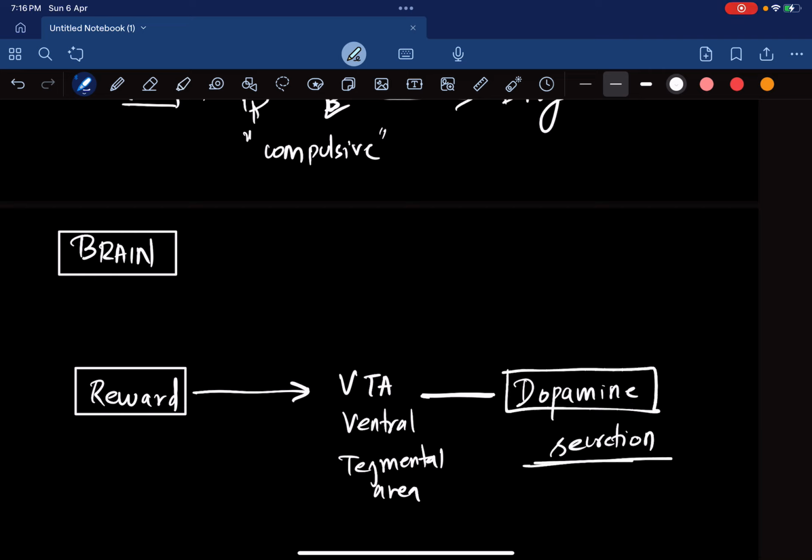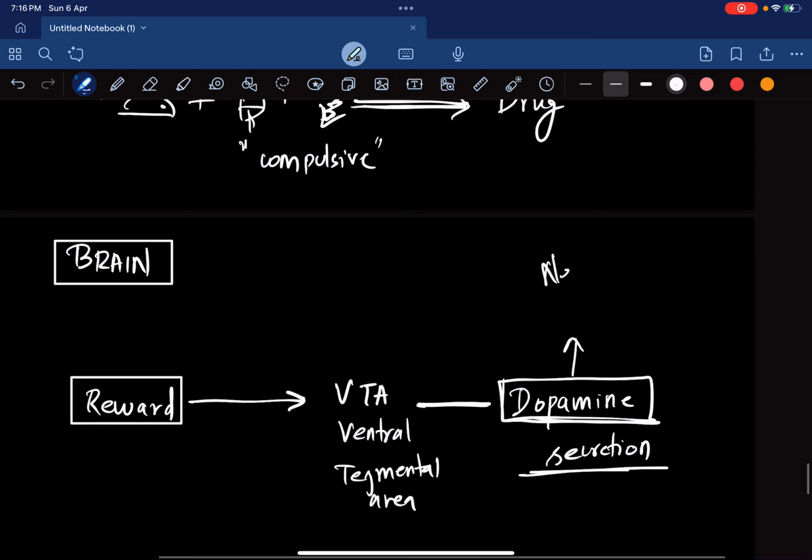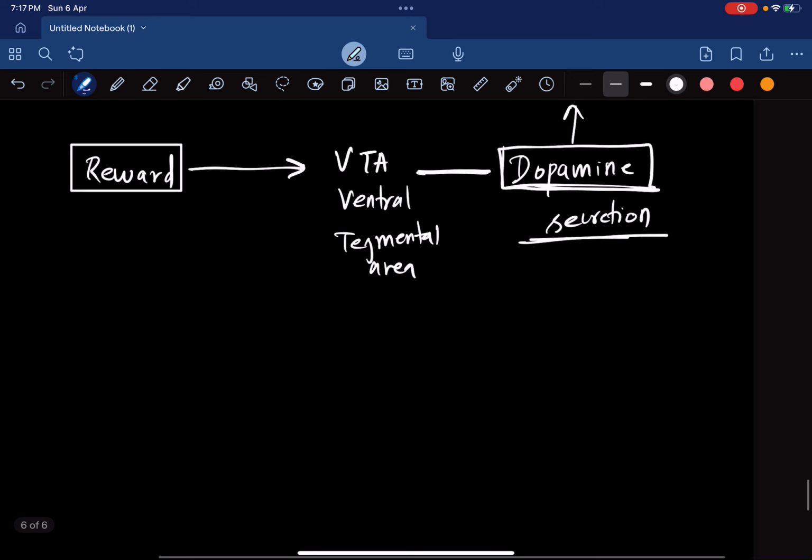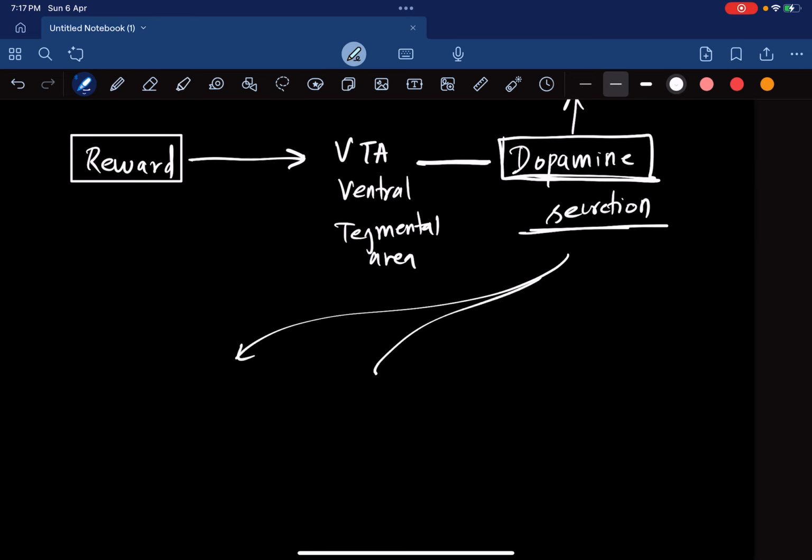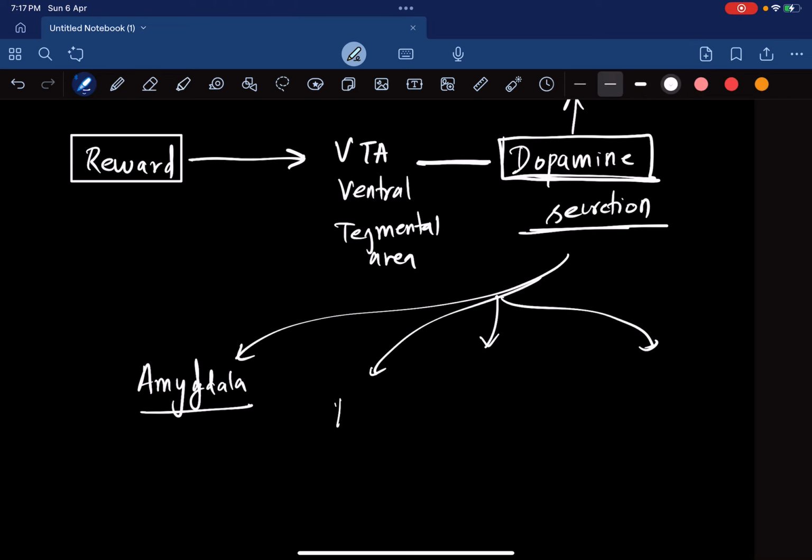We have already discussed dopamine as a neurotransmitter. As the name suggests, it's transmitting information from one neuron to the other across the space between them. Now, this dopamine is going to activate multiple parts of the brain. It affects the amygdala. It's going to affect the cortex, the prefrontal cortex.